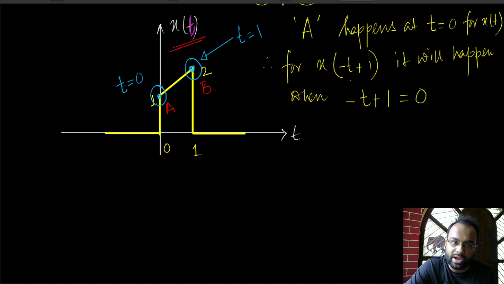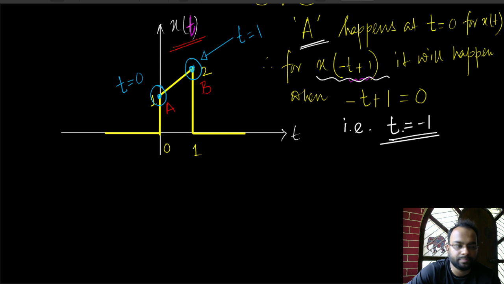The same critical point would happen when this entire internal argument, -t+1, is 0. So if you simplify this, critical point A will be happening for this new signal at t equal to -1.